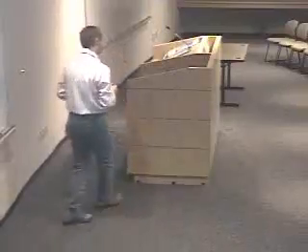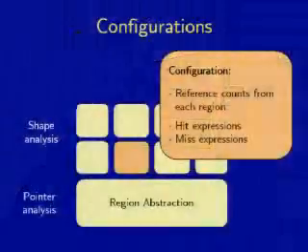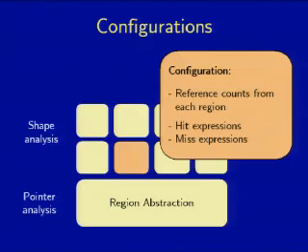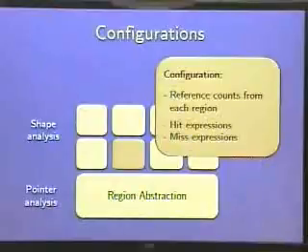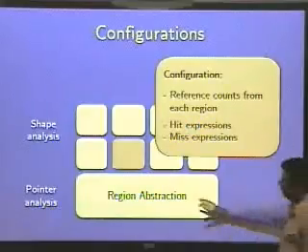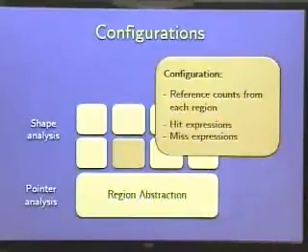Okay? Now, let me make this a little more concrete and tell you what exactly is the information that we capture about this individual location. The information that we currently have in these configurations for the track location is the following. We keep track of references from each of the regions in the program, and these regions are provided by the underlying pointer analysis.